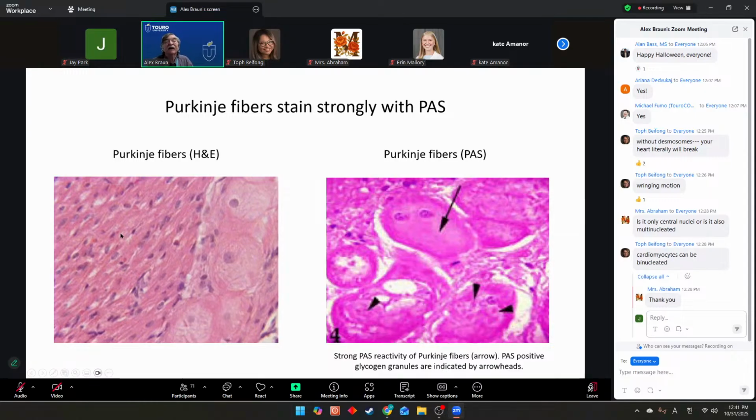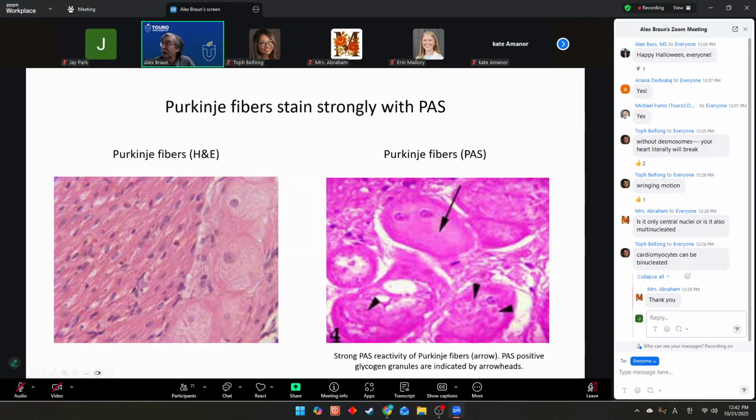Now, because they contain lots of glycogen, if you wanted to, and usually it's not necessary, but it does demonstrate this phenomenon well, if you wanted to demonstrate the glycogen in these fibers and therefore demonstrate the Purkinje fibers easily, you might do a PAS stain, which stains carbohydrates, including glycogen.